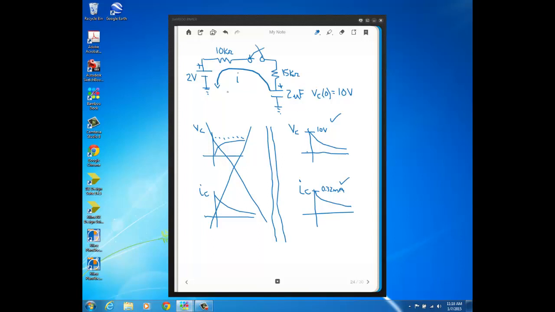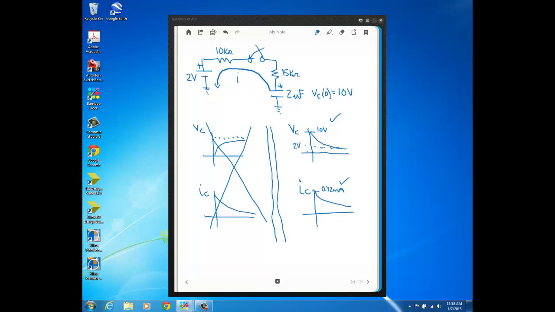But you see, by having this 2 volt source in the discharge path, this current flowing out of the higher end of our capacitor will flow as long as the voltage across the capacitor is greater than this 2 volts. See, once the voltage across the capacitor gets to 2 volts, current is going to cease to flow.